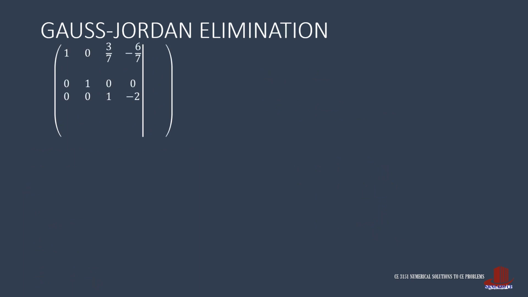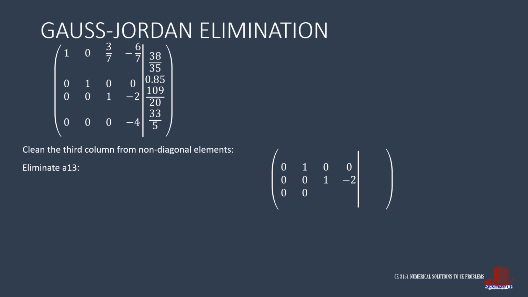The matrix is then transformed as the one shown, where we are to use row 3 to eliminate element 1, 3. With the operation row 1 minus 3/7 of row 3 as the new row 1. First is to take 1 minus 3/7 of 0 as 1. Then 0 minus 3/7 of 0 to have 0.